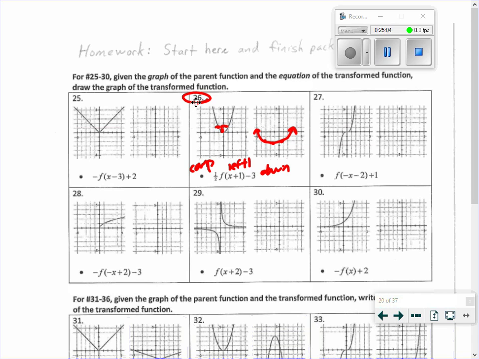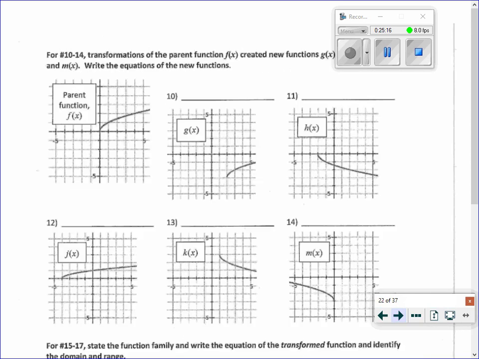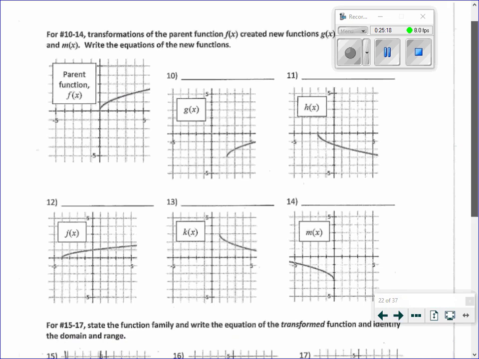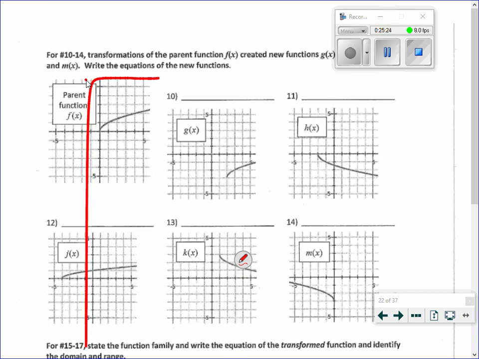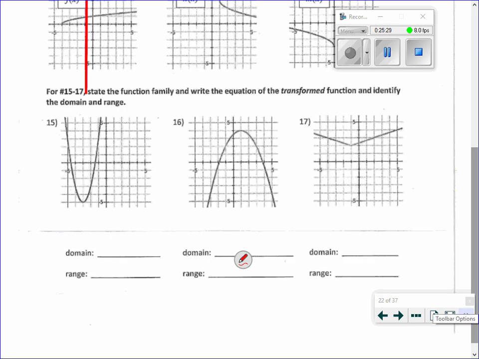Yep, Bogdan. Yeah, what's up? Do we put in relation to zero? How do we find the effect? Oh, okay, so let's do one together. So if you're at 15 through 17, you're writing that equation, you're not stating the function family, you're just writing that equation, in that f of x form.